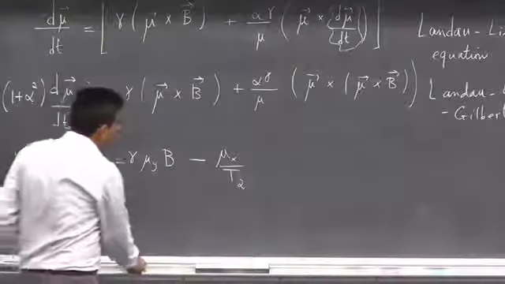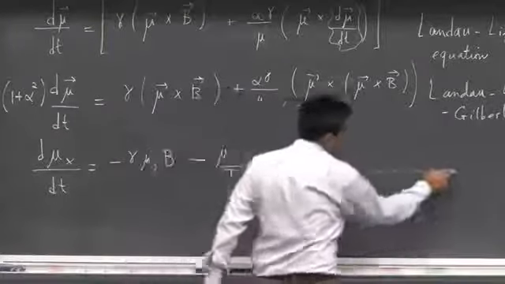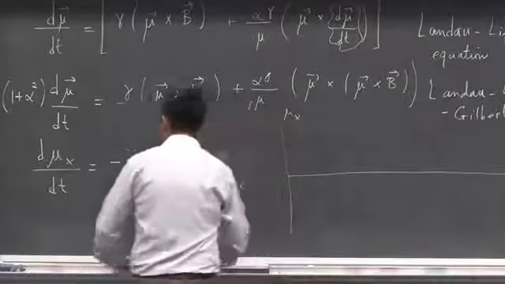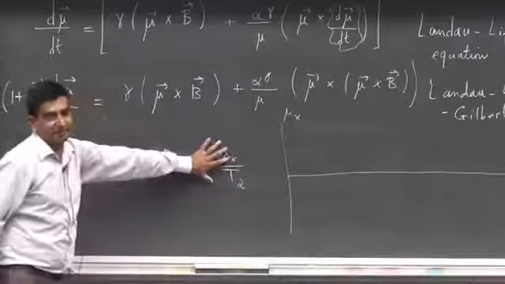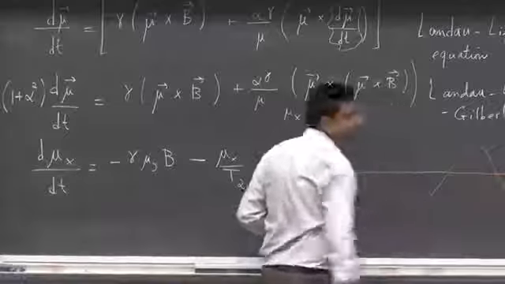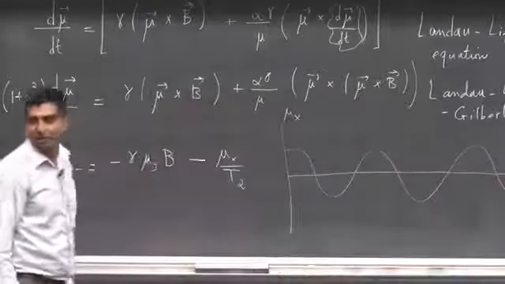If I were to plot versus time mu x for the normal Bloch equation, that is just this term, of course I get an oscillation. The oscillation frequency is gamma b, the Larmor frequency.